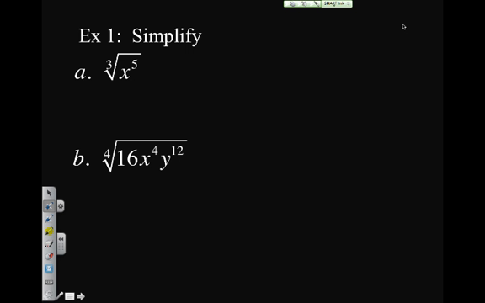So let's simplify these. We've got the cube root of x to the fifth power. What we want to do is break this up into two things, and one of them we need to be a perfect cube. So we can break this x to the fifth up into x cubed and x squared.